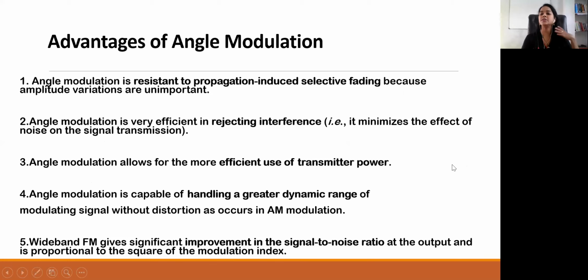Interference, rejection ratio, these terms will be clear to you when we study the second unit of your syllabus for the communication paper, that is antennas. Because whatever you do, angle modulation, amplitude modulation, frequency modulation, or phase modulation, all of these signals, all of this data, has to be transmitted in air.